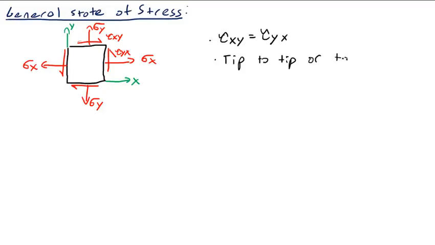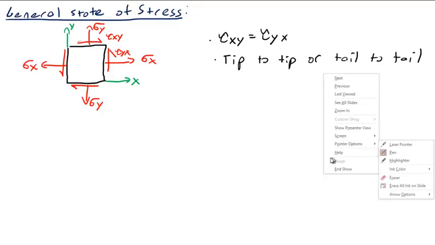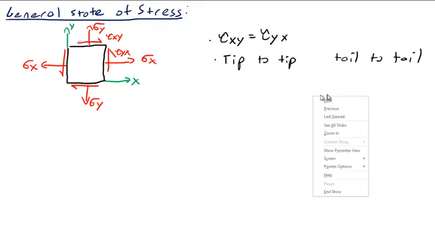Actually, both. They need to be tip to tip and tail to tail. So the alternate for negative shear would be them going down and over like this, again tip to tip and tail to tail.